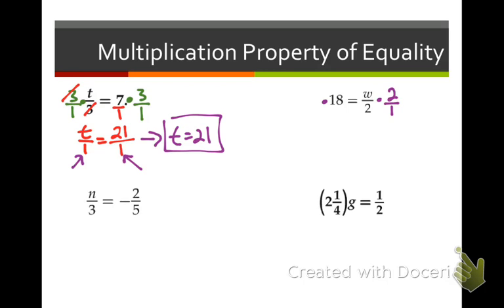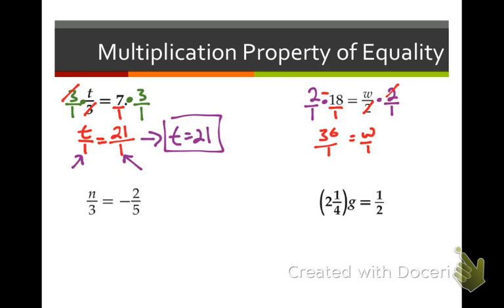If we multiply 2 over 1 on one side, we multiply it on the other side because it's the property of equality. That allows us to cancel out the 2's. So now we just have w over 1 equals, put the 1 there, and multiply 2 times 18 is 36 over 1.